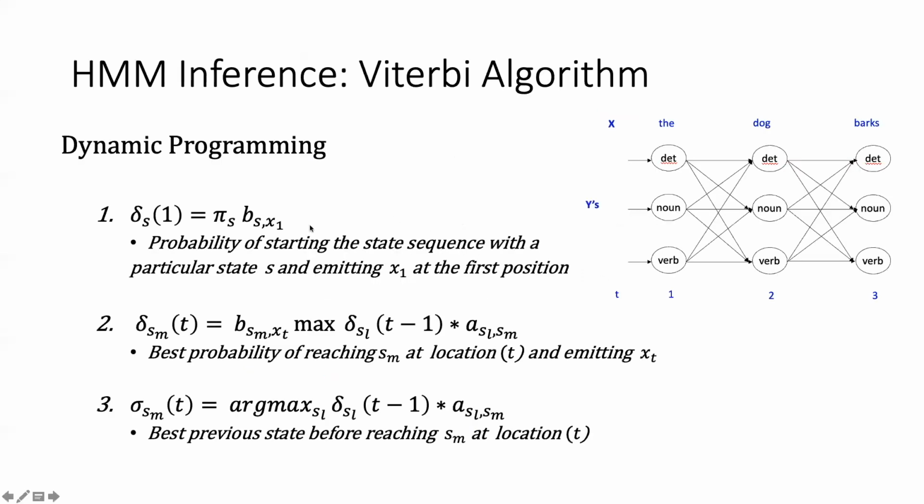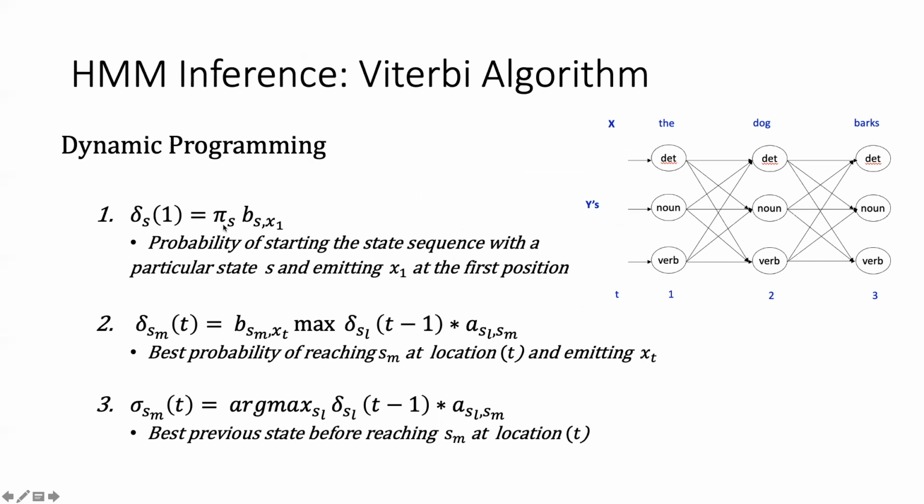In order to perform the inference, first let's define deltas here. The initial delta, delta S of 1, is the probability of starting in the state S and emitting the symbol x1 in the first position.